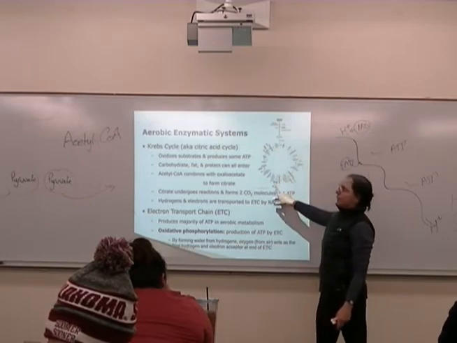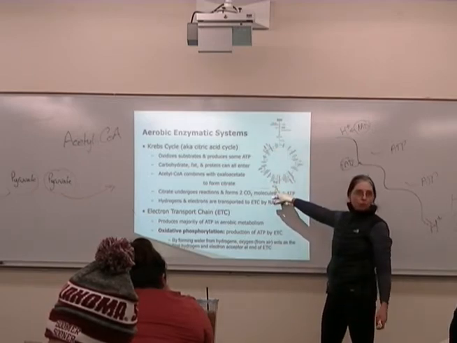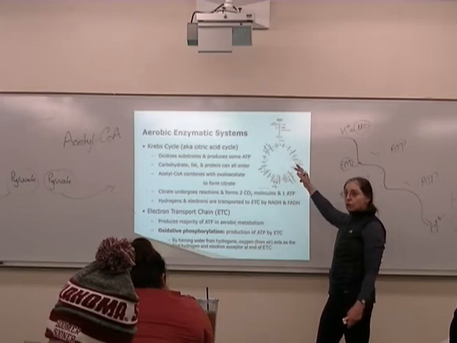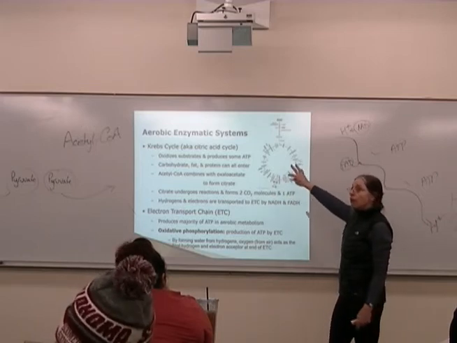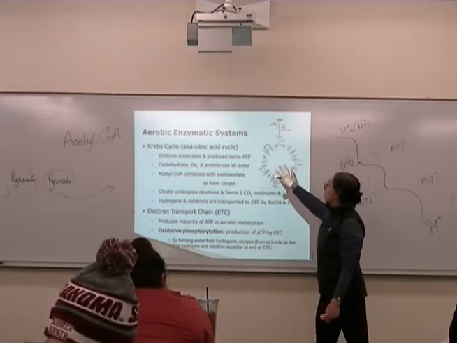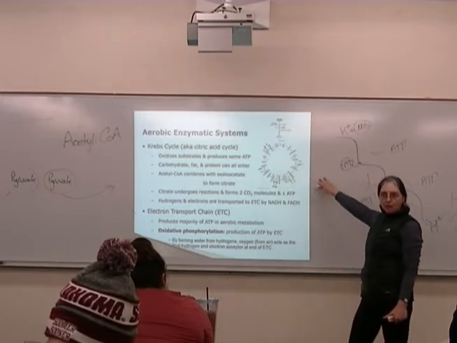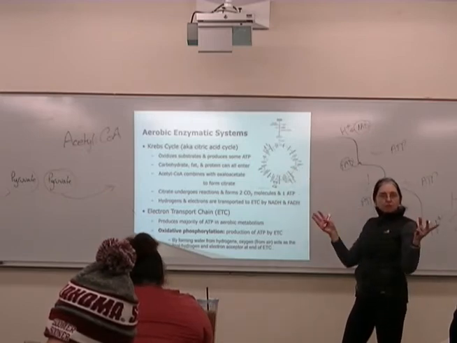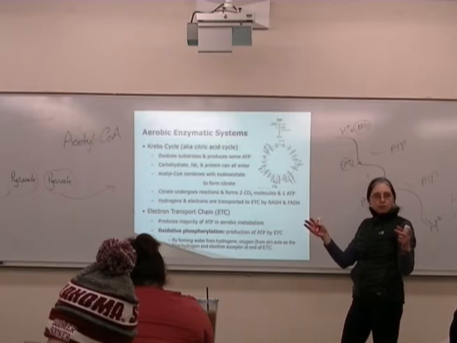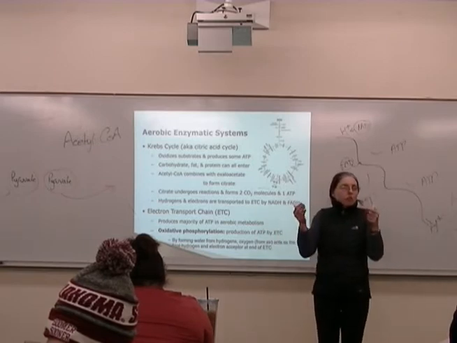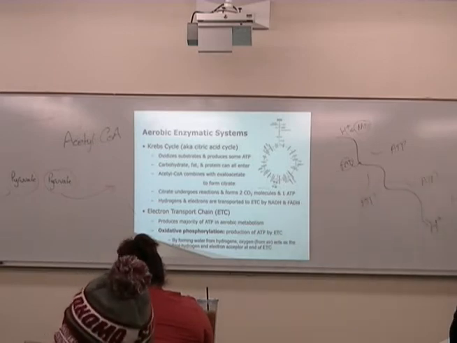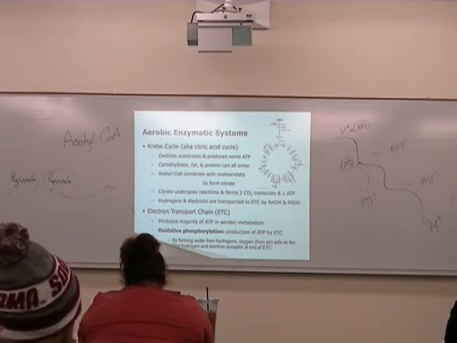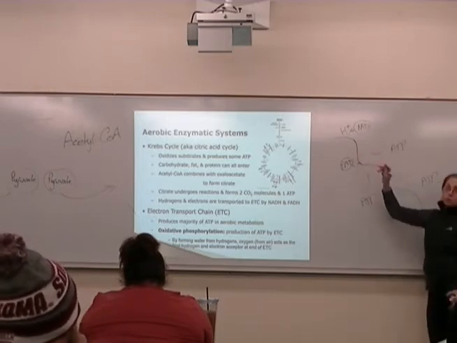We get 1 ATP, not a lot of help, but we get a lot of hydrogen. The hydrogen gets picked up by either NAD or FAD, and if you consider them like a little bus system, they pick up the hydrogen and they shuttle it across to the edge of the mitochondria, and they drop it off at the electron transport chain.